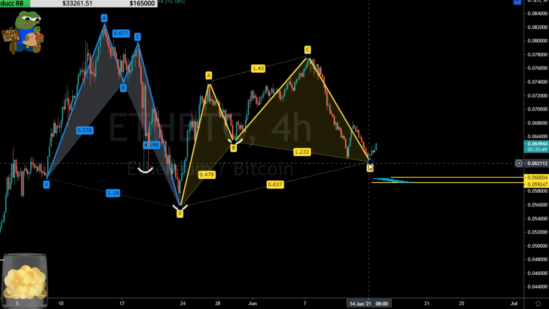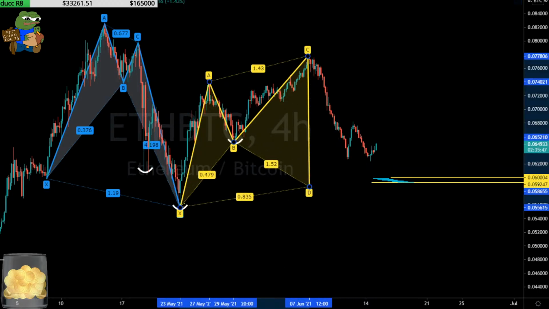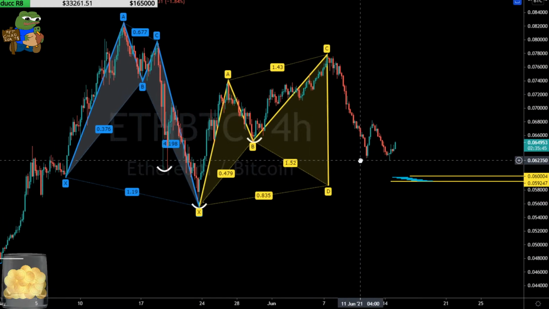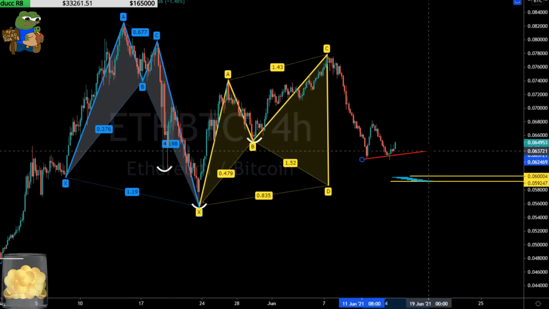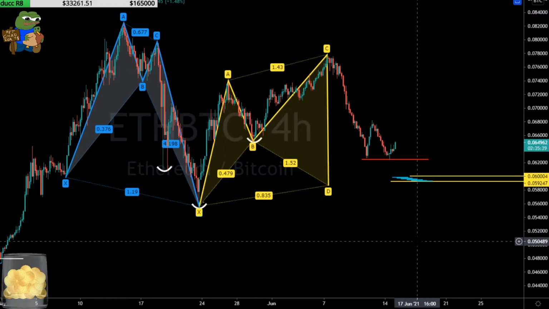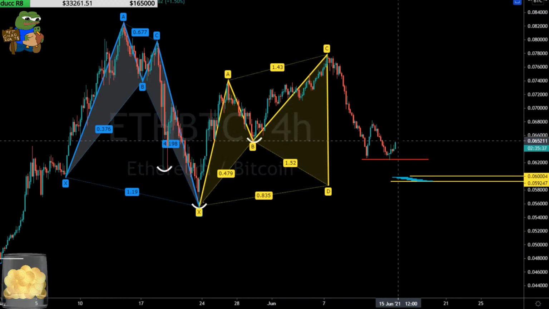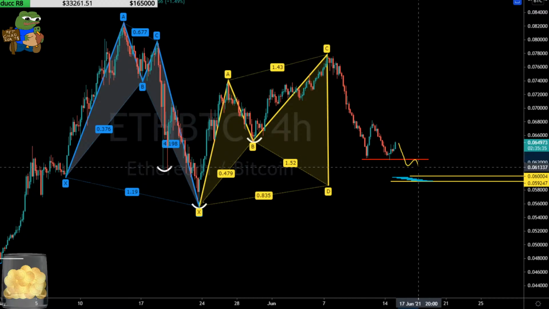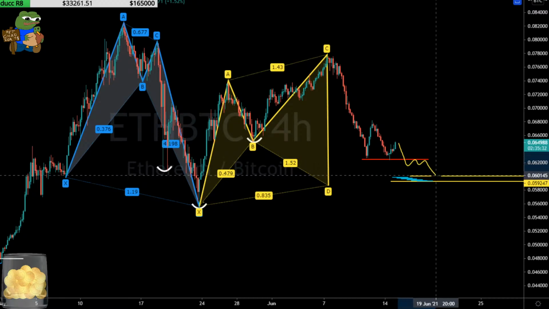So what am I saying here? If this double bottom here fails, if you fall below this and act as resistance, you're going to come right in here, okay?